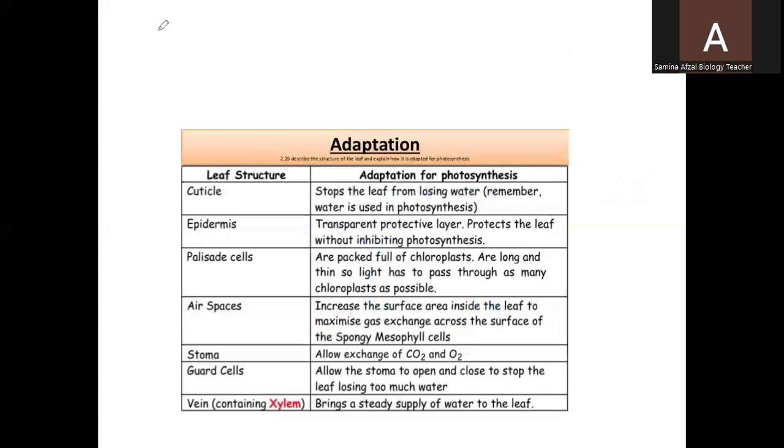Cuticle is thin and transparent, as I told you, so it prevents extra evaporation of water.